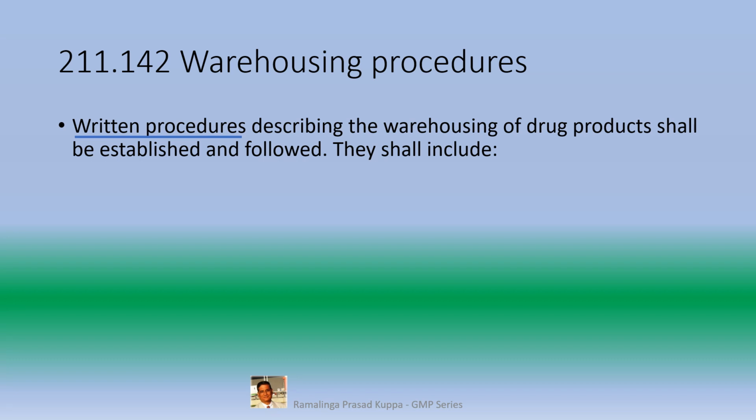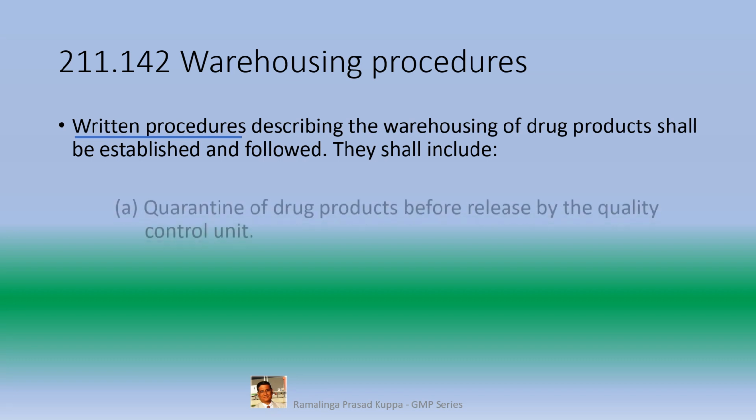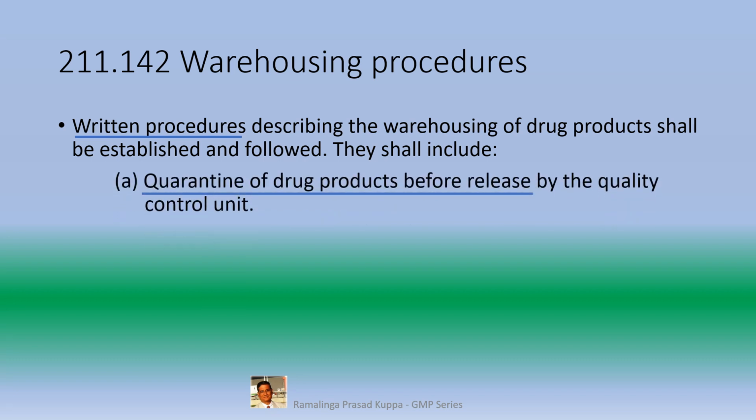The procedure should include the following: quarantine of the drug products before release by the quality control unit. After packing activity, the finished product packages will be transferred to the warehouse to quarantine. The product will be in quarantine until it is evaluated and approved for release by the quality control department.